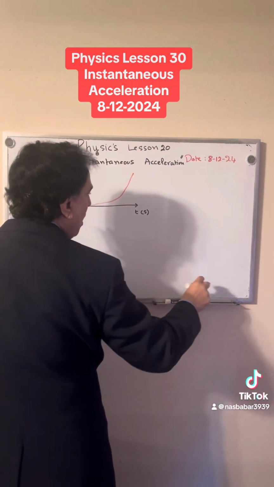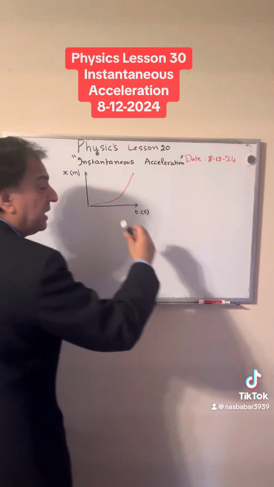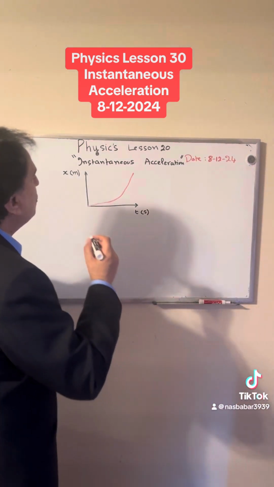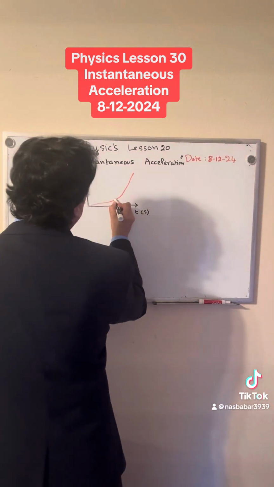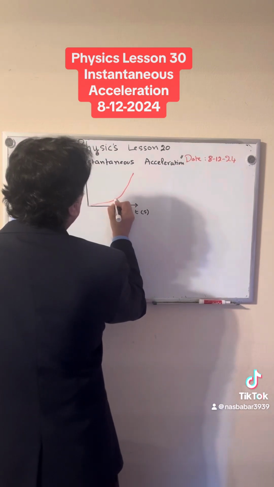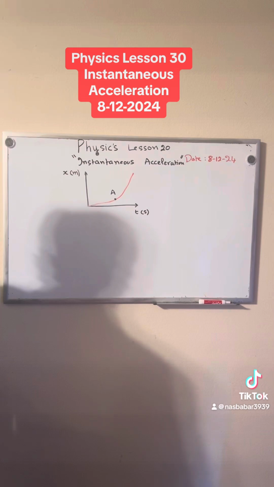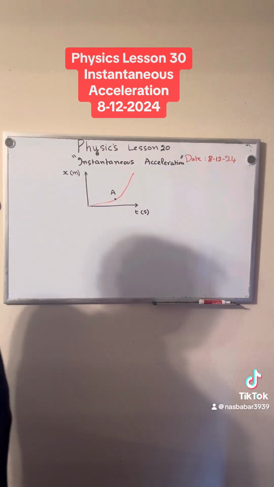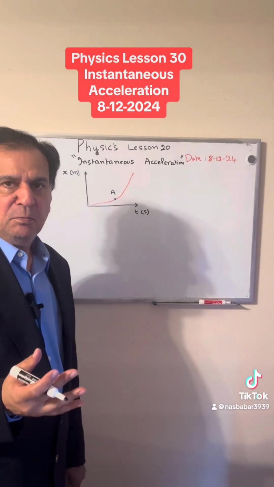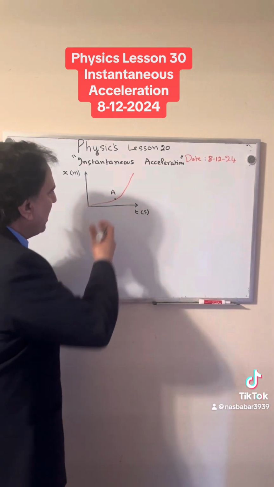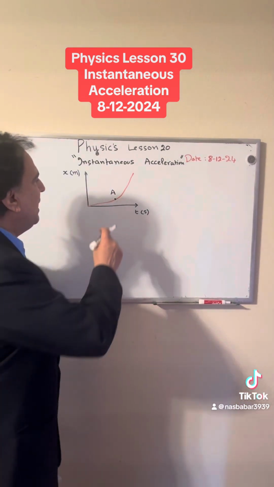So now, this is kind of like a recap. I want you to find velocity at this point right here, and let's call this point A. How would you do that? I have not given you any numbers, but theoretically, how would you find instantaneous velocity at this point A?